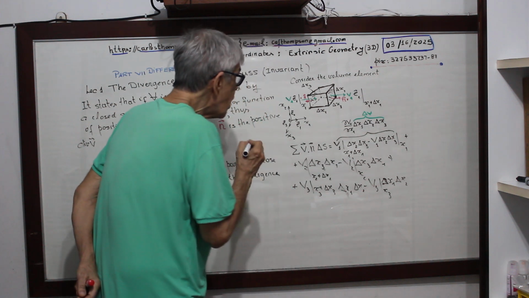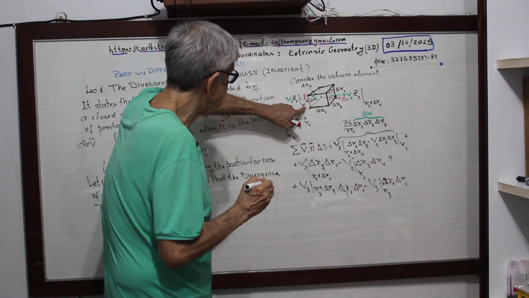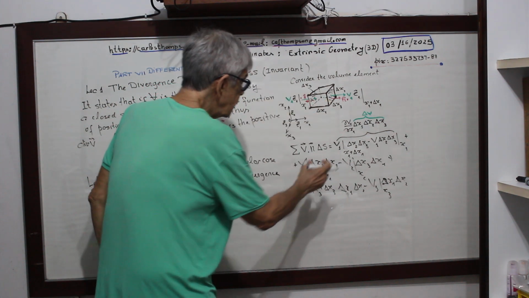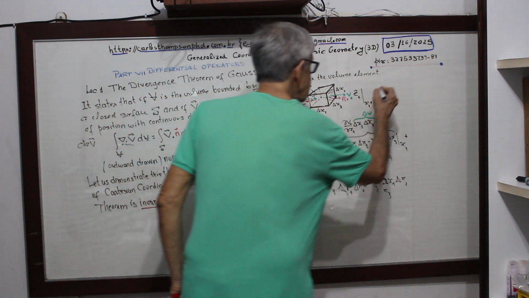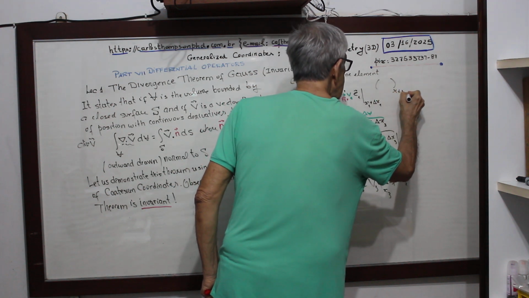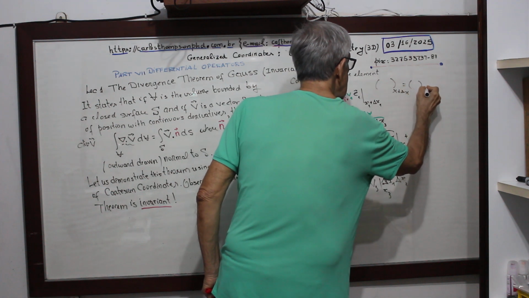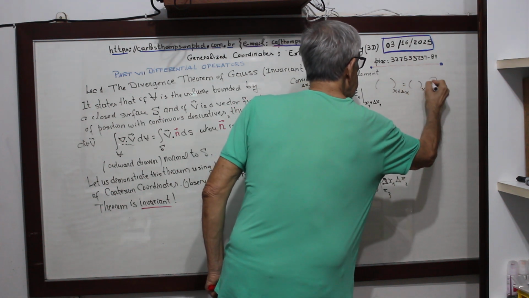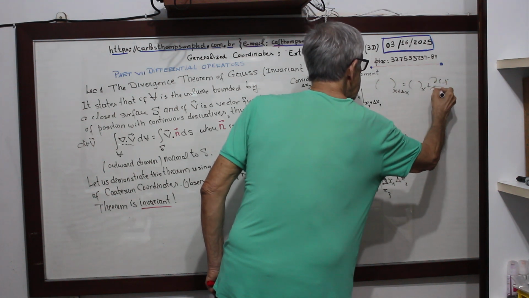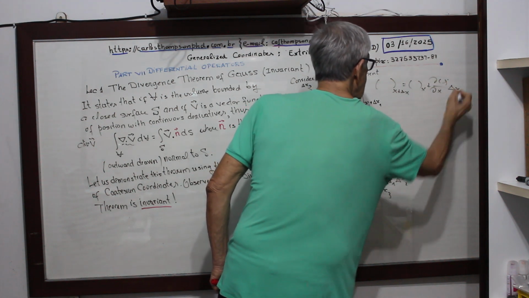Now let's apply the Taylor series in the x1 direction. The Taylor series: a function of x plus delta x is equal to the function of x plus the partial derivative of this function with respect to x times delta x.